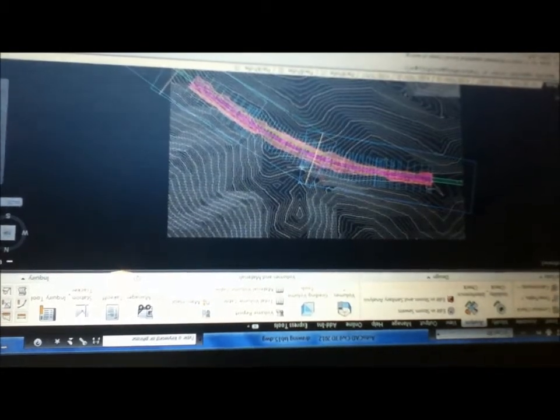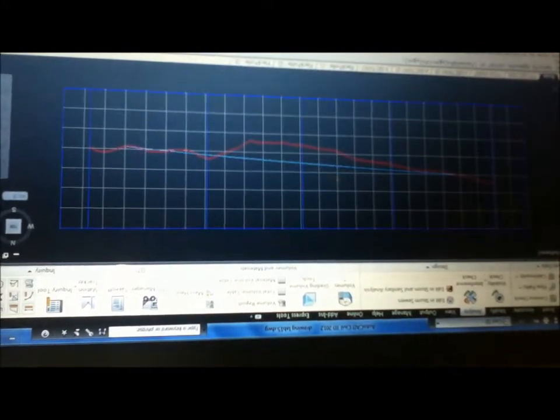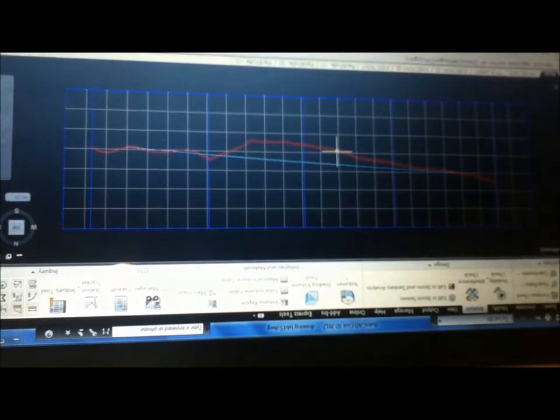And here we are in AutoCAD Civil 3D, looking at the highway design and the contour lines and a road being designed here. So this is the earth ground and this is the road here, and it's a vertical curve.